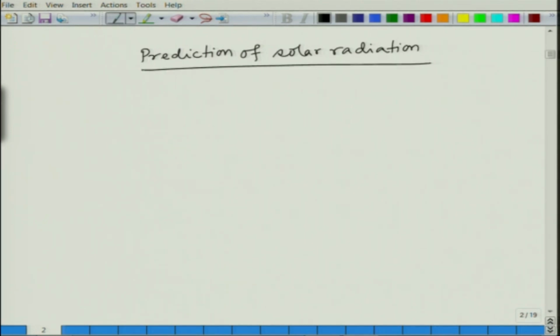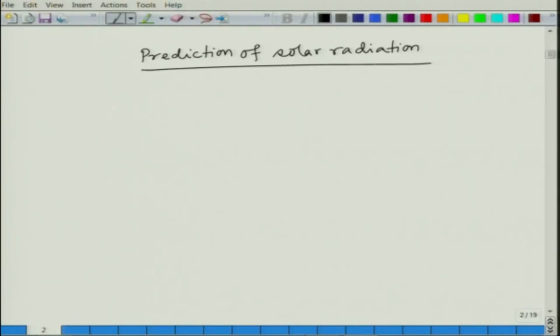We have seen why we need to predict it, because for any design purpose you have to know how much solar radiation you will actually get, how much of that can be converted, and what would be the characteristic of that radiation. Then only your design will be perfect and it will behave as you wish.